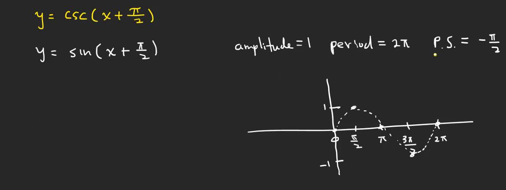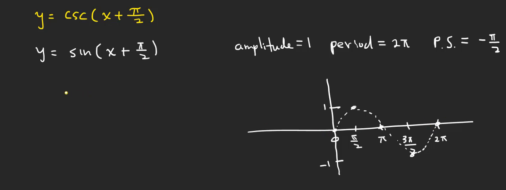So using these 3 pieces of information, we need to get sine of x plus pi over 2, but we first need to start from sine of x. This is sine of x, and we need to make phase shift of negative pi over 2.